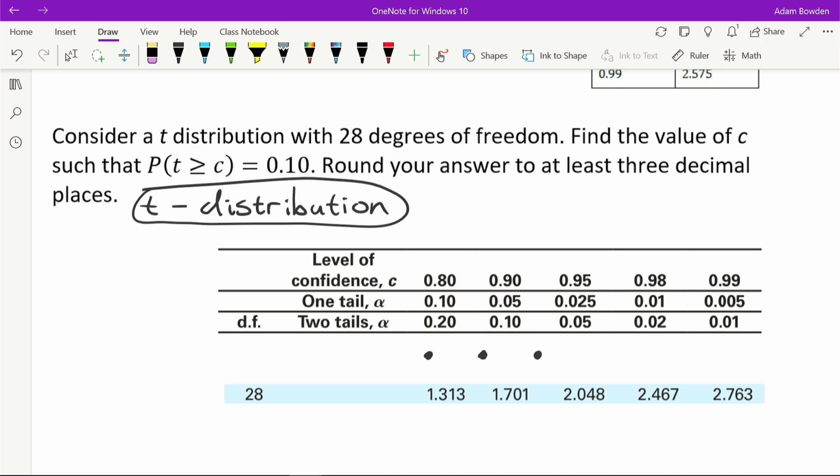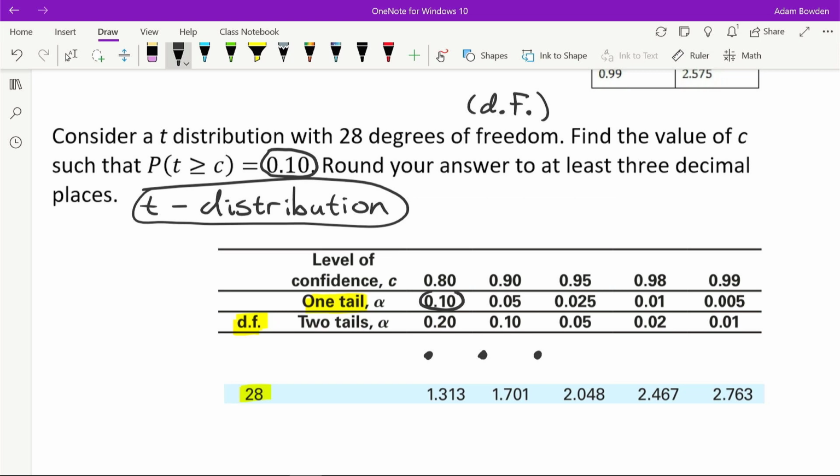So if we go through the table under the conditions that were given, with the degrees of freedom, abbreviated DF in this case, and then we look up this value that's given here, 0.10, we're going to look that up under the 1 tail column, mainly because it's strictly greater than, so it's pointing toward one direction, and that means one side of the T distribution, one tail of the T distribution.